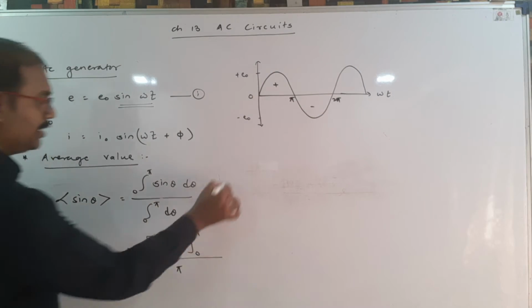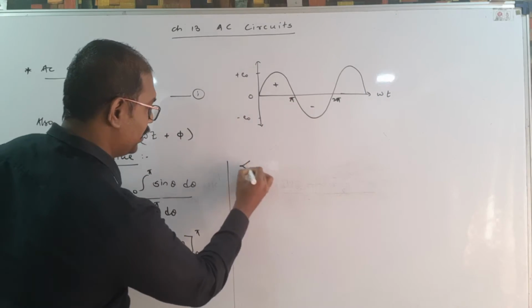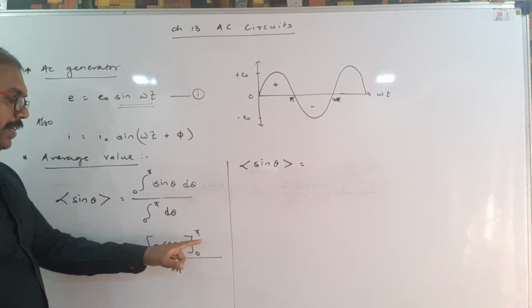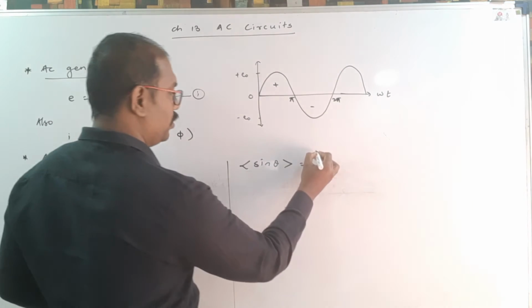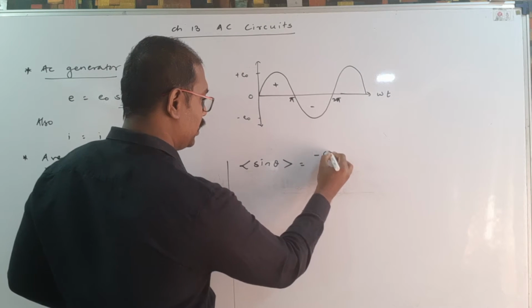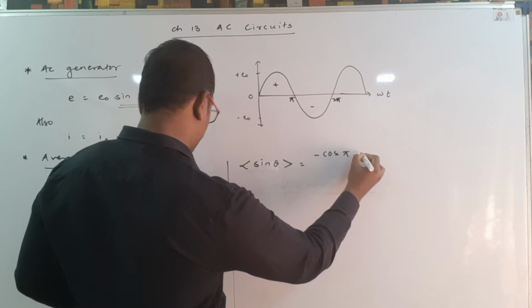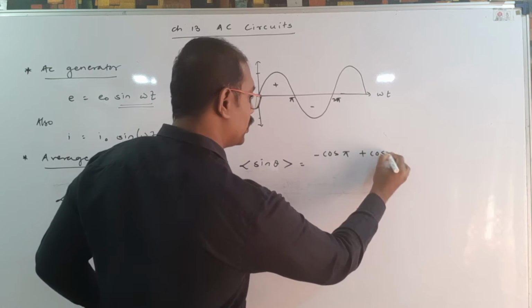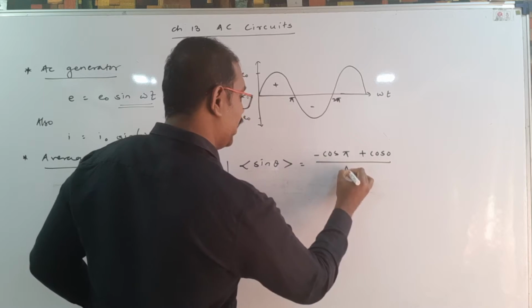Then after that, the average of sin θ is equal to, if I substitute the limits, minus cos π plus cos 0, divided by π.